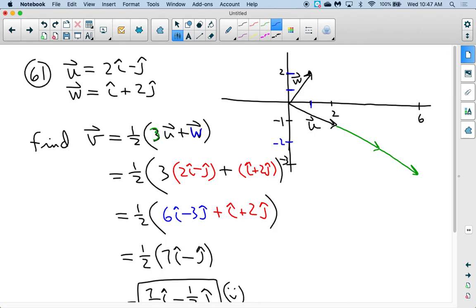I go over to 7, then come over 1 and go up 2, so you're right here.